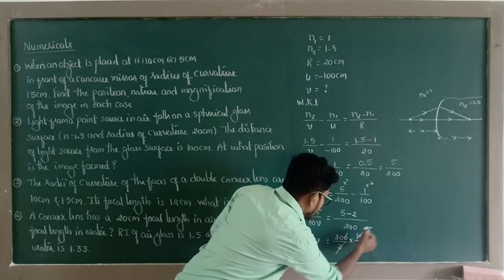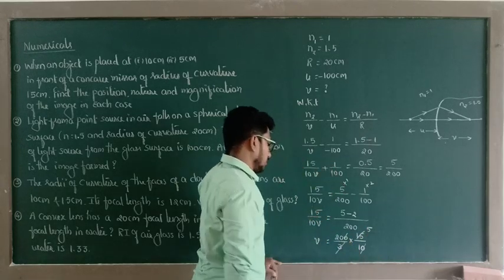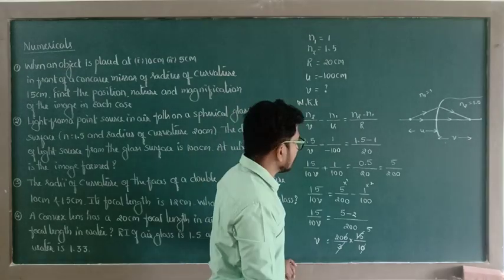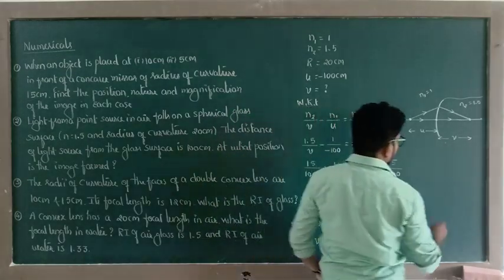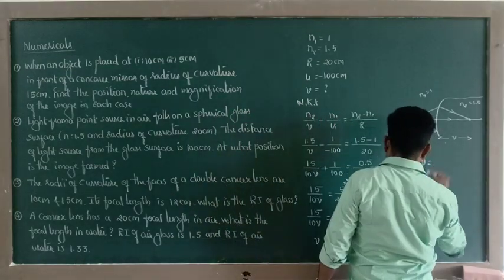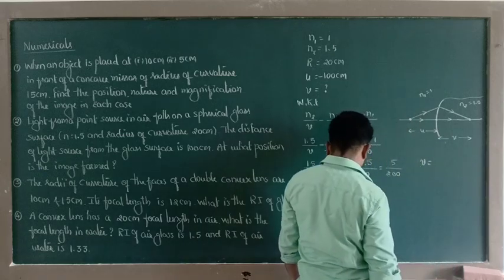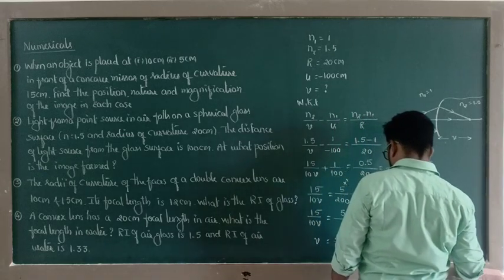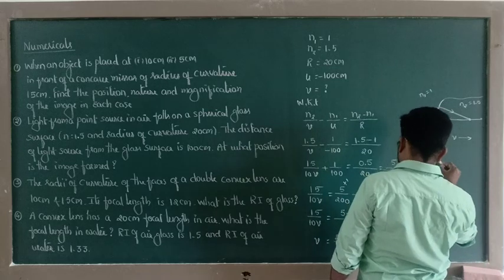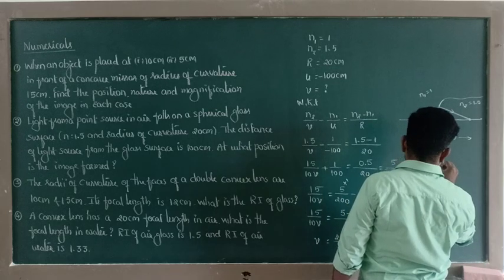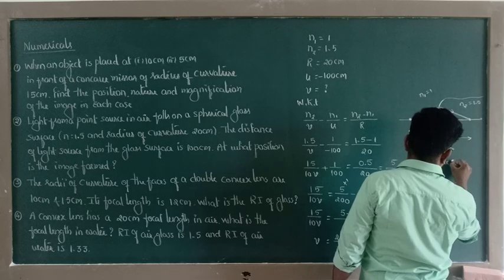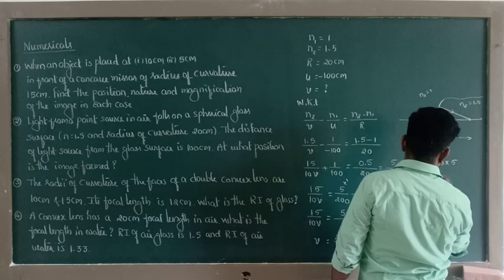Then 5 into 2 is 10. v is equal to 20 into 5, and v is equal to 100.